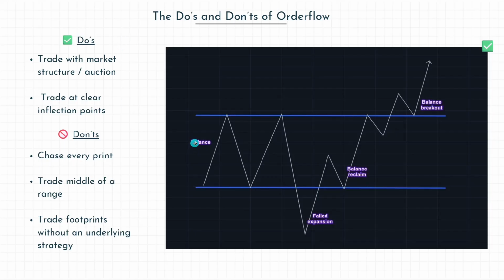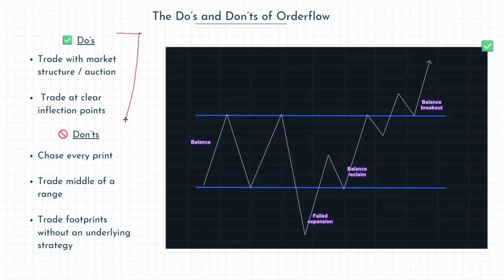Okay, the do's and don'ts of order flow. Order flow and futures is getting very popular, and rightfully so. They're great tools, and it's a great system, and all this. But there are some things, and these are my personal takeaways, of course, that I've observed, and here are my opinions around it.